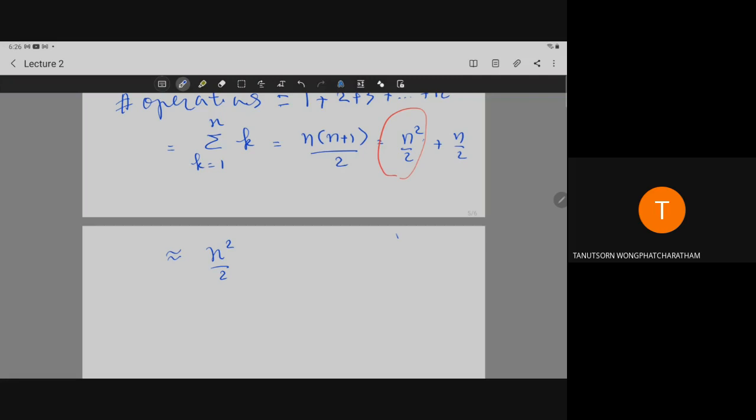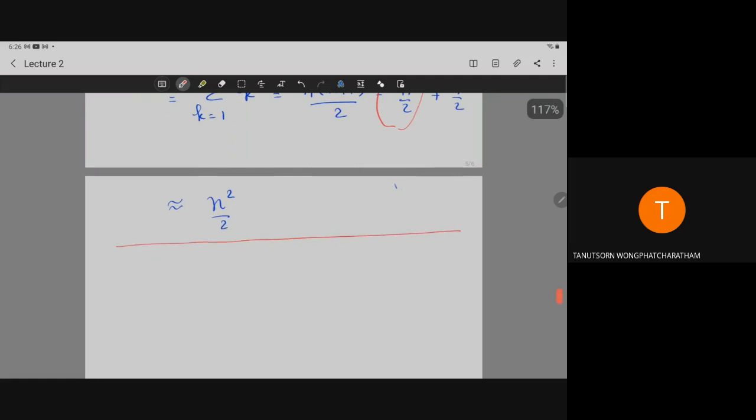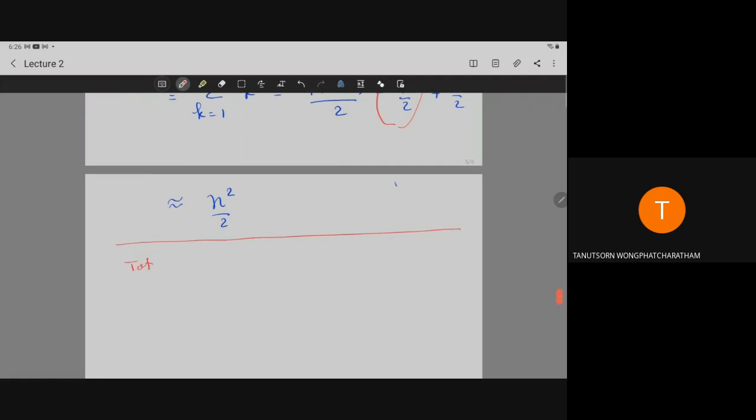So then the total complexity, or the total number of operations from the two steps, from the Gaussian elimination and also from the back substitution, is equal to n cubed over 3, and then plus this term, which is n squared over 2.